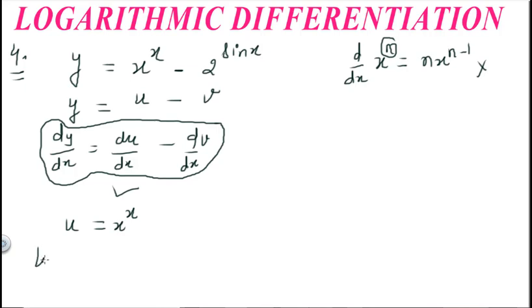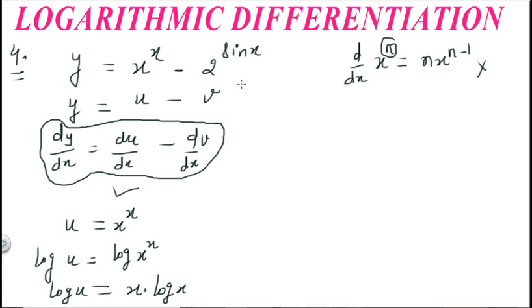We will take log on both the sides. So we will write log of u equal to log of x to the power x. Fine. Now what will happen is, you know, in log of a to the power b, the power comes in front. So we will have it as x into log of x. It is equal to log of u.